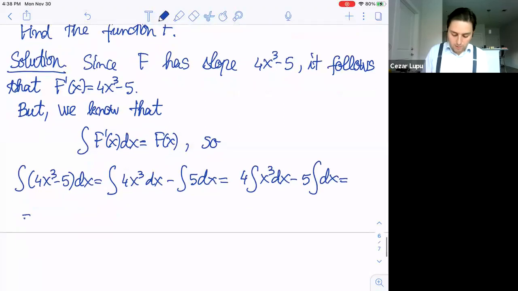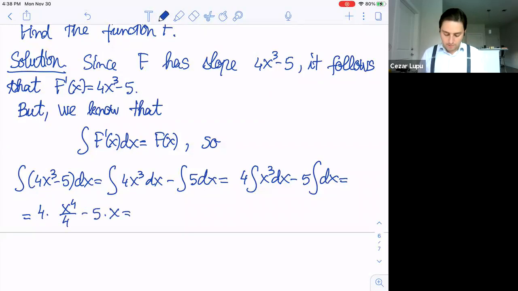This equals 4 times x to the 4th over 4 minus 5 times x.